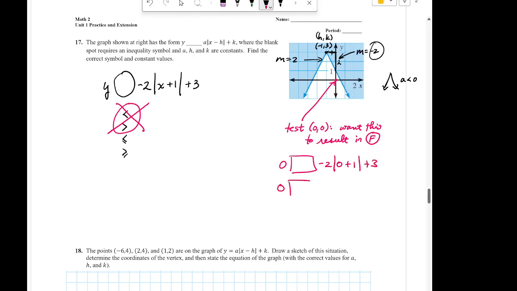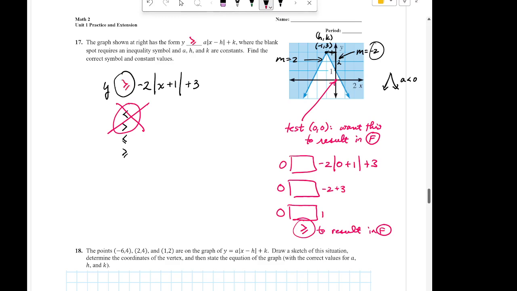So this is 0. And then negative 2 times 1 plus 3. So 0 and 1. And remember, we want it to be false. 0 is actually less than or equal to 1. So the sign that we want is this one to result in false. And so that's the sign that we want here. Greater than or equal to.